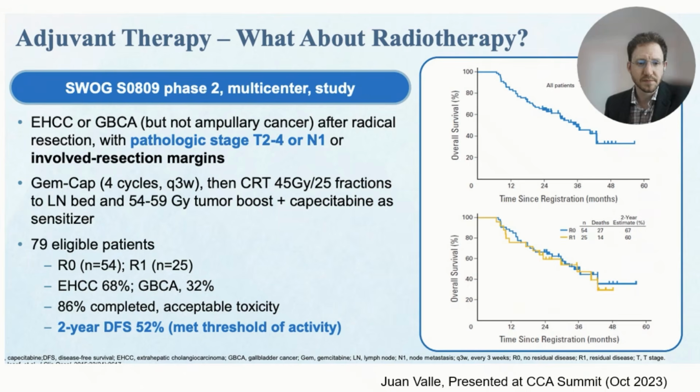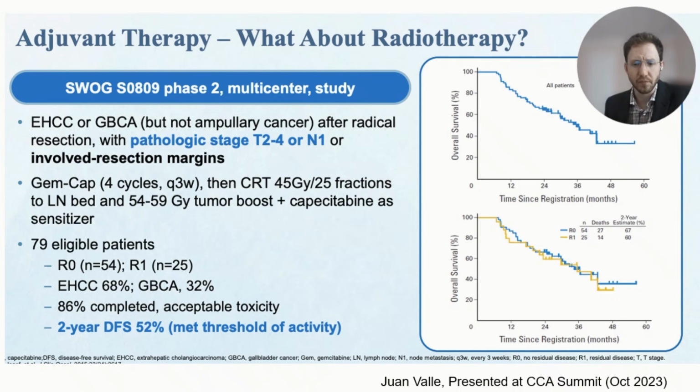I reserve chemoradiation specifically in cases of R1 resections, and this is based off the SWOG S0809 study that was specifically looking at folks with extrahepatic cholangiocarcinoma and gallbladder cancer that were at particularly high risk of recurrence, and it's in these types of patients, but really mainly if they're R1, so not if they're R0 and node positive, but really R1 resections.